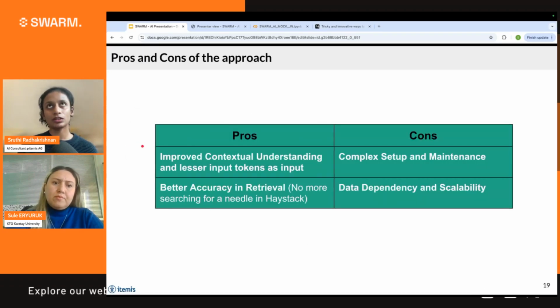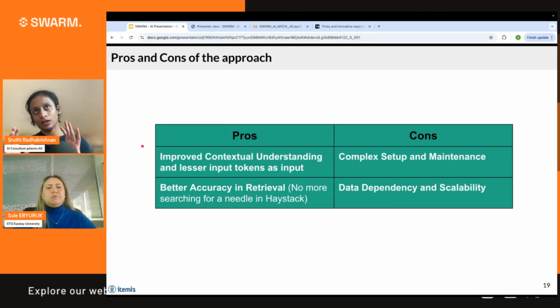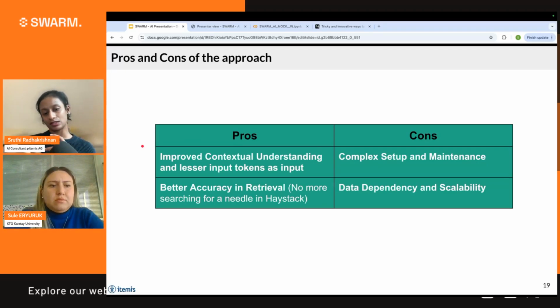So coming to the next part, which is basically understanding the pros and cons of the approach. If we think about the pros compared to a traditional RAG system, which is retrieval augmented generation, where you have a bulk load of documents and you feed this as an input to a large language model or a small language model and ask it to understand the context and give it to you.